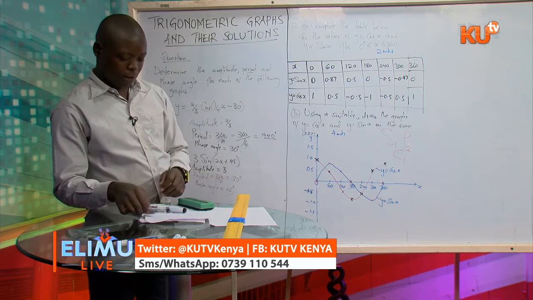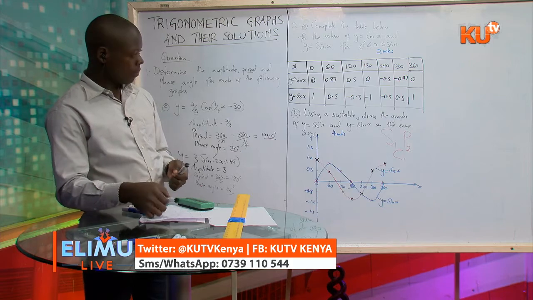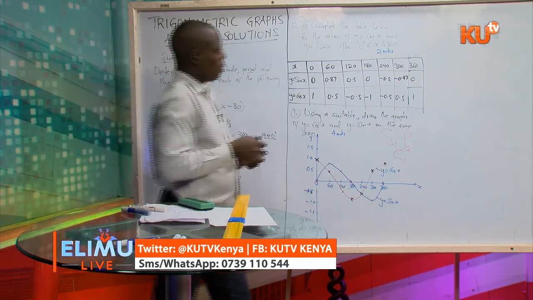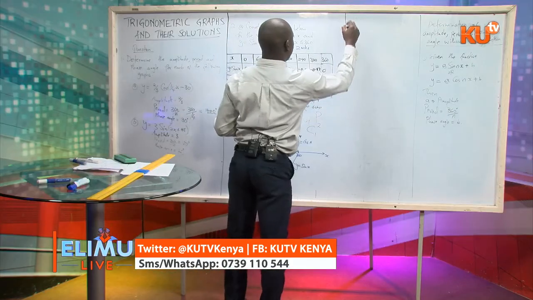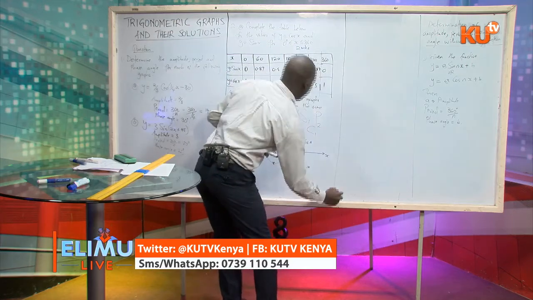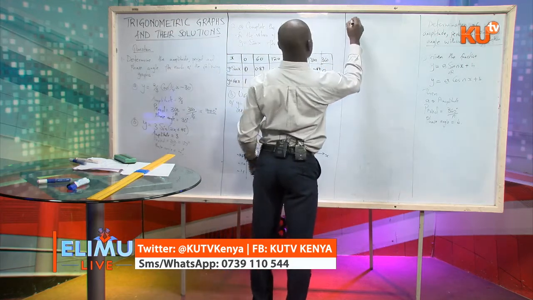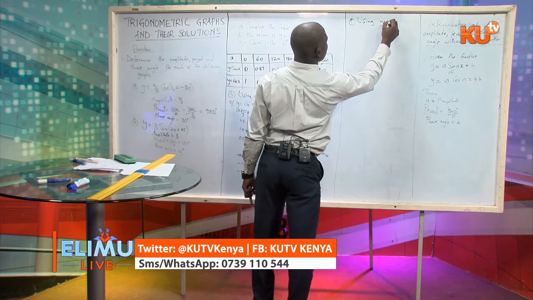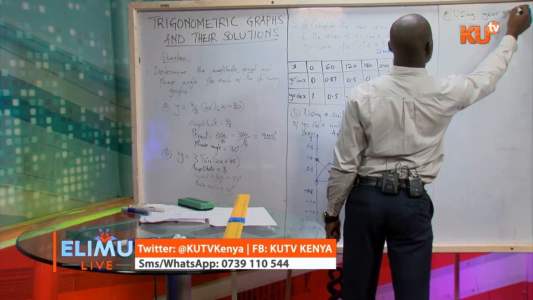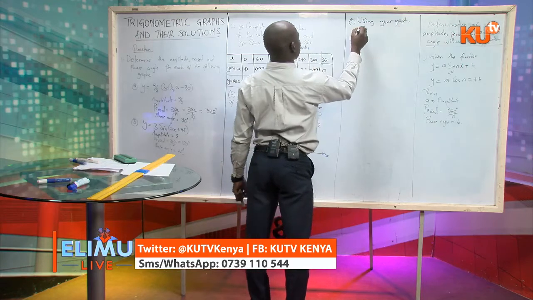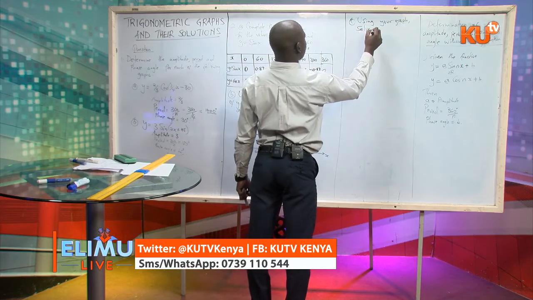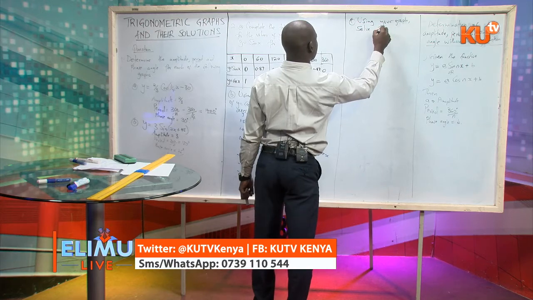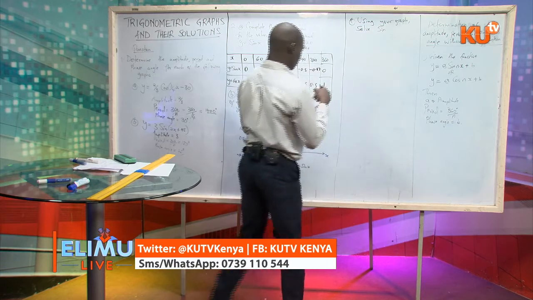Part C of the question will entail solution. So part C, you'll be told, using your graph, and again, it's using your graph, not my graph. Solve sine x.